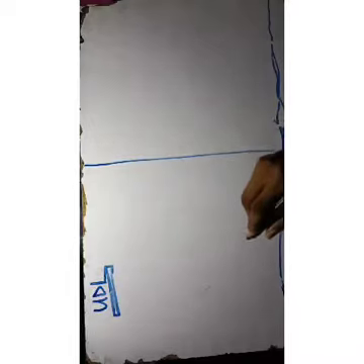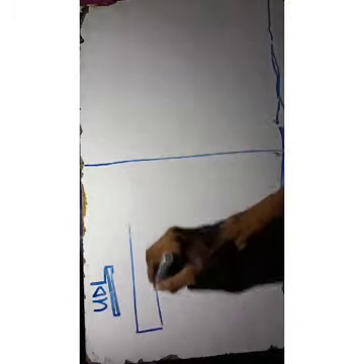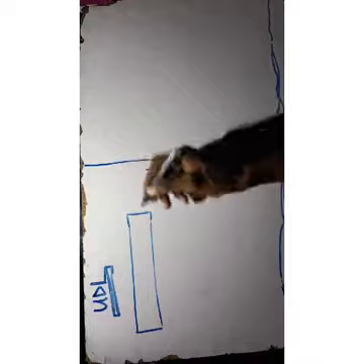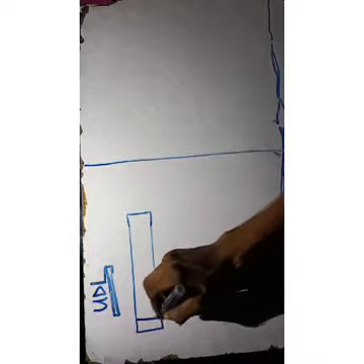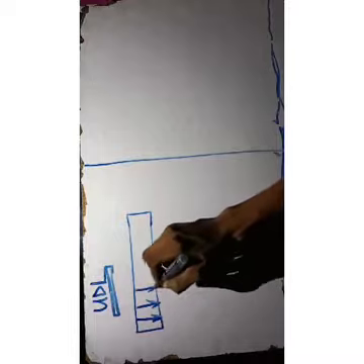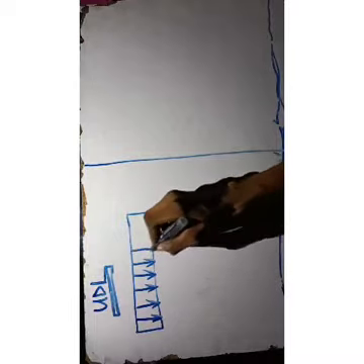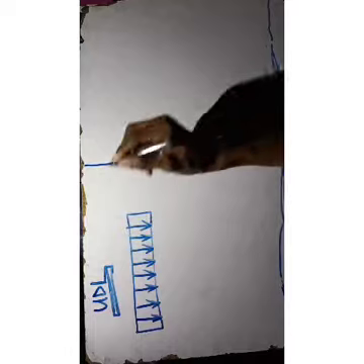So considering UDL, example is uniformly distributed load. Now UDL is very significant, whereby you have, for example, the diagram will look like this. Look at the question. If the question is UDL to be like this, then you will have the beam to be like this. Okay, you see.